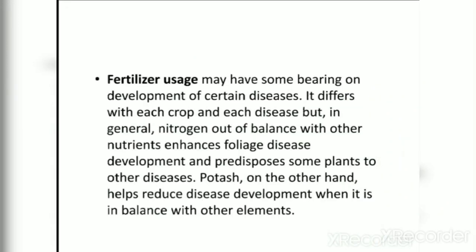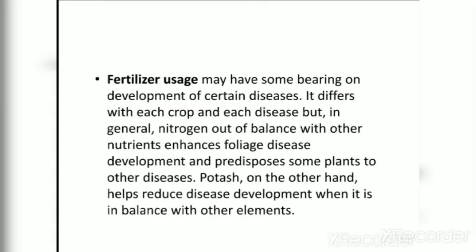Now the next one is fertilizer use. Okay, so here fertilizer use is very significant in the sense that it is observed that when the nitrogen balance goes up, or you can say the application of nitrogen is enhanced, then it leads to susceptibility of the host plant toward certain pathogens.